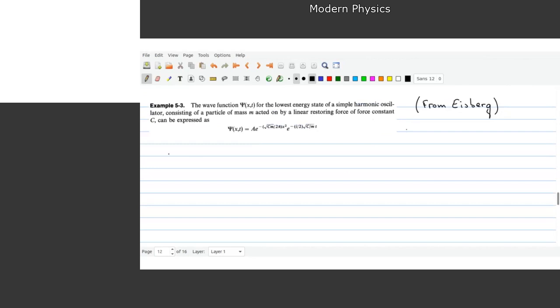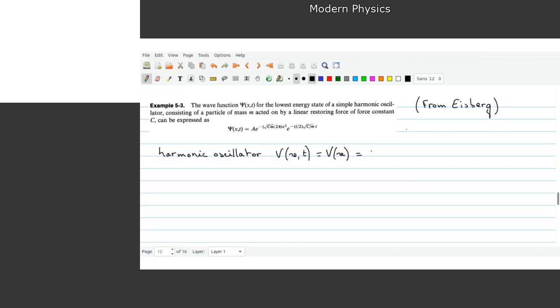We have a harmonic oscillator, with V of x, which doesn't depend on time.